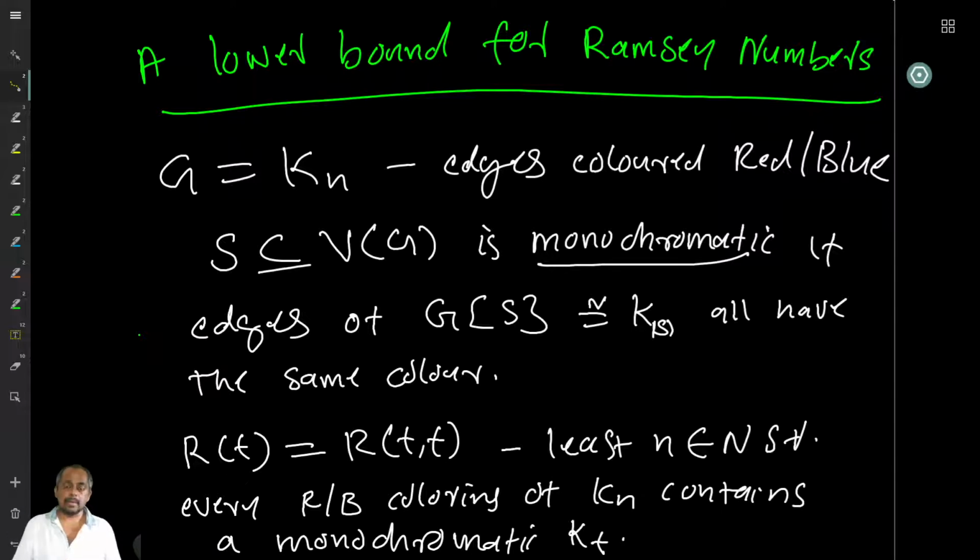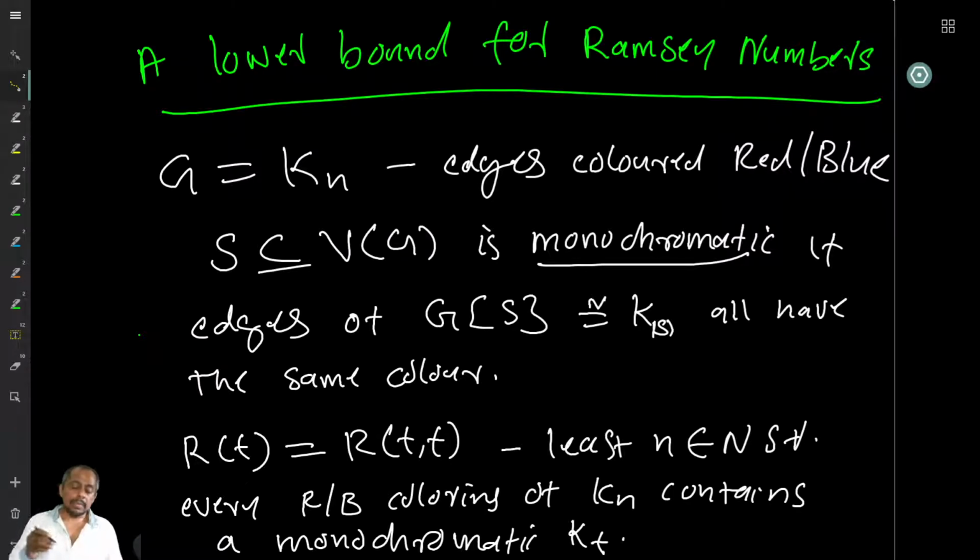Now I want to say that no matter how you color, I can find a smaller graph on T vertices. I give you a graph on a large number of vertices, let's say n vertices. Then I ask, can I find a subgraph which is a complete graph on T vertices, where all the T choose 2 edges of this subgraph are of the same color? It's all red or it's all blue. Can I find this?